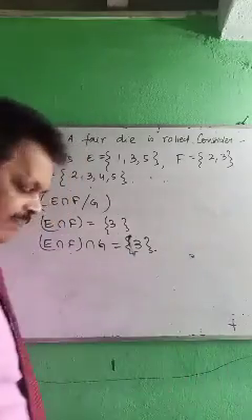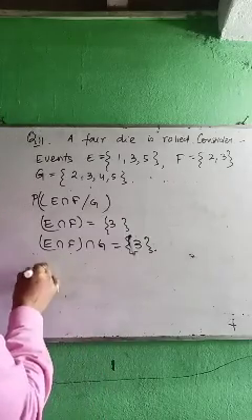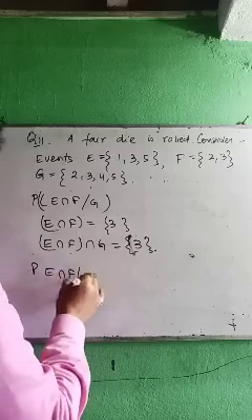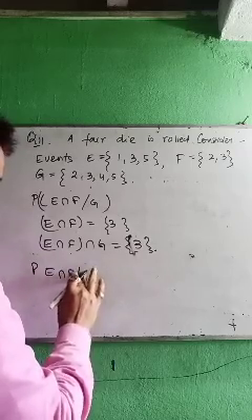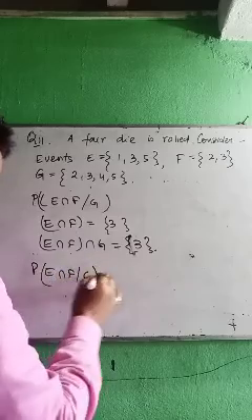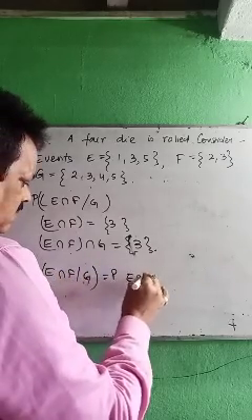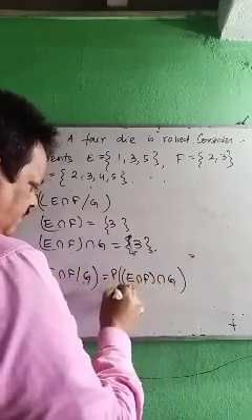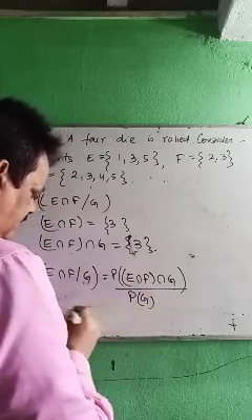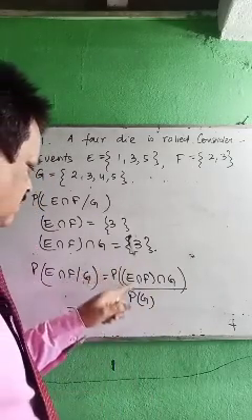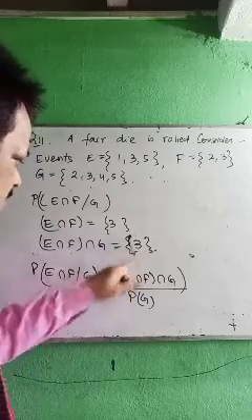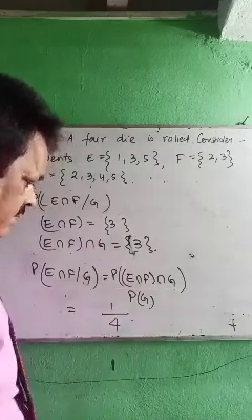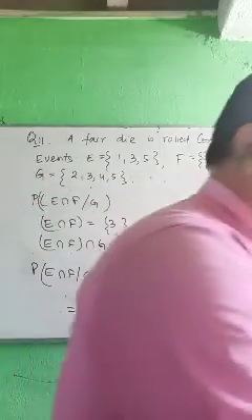So you get probability E intersection F condition G equals E intersection F intersection G by P of G. This is one element. G is how many? 1, 2, 3, 4. Simple now.